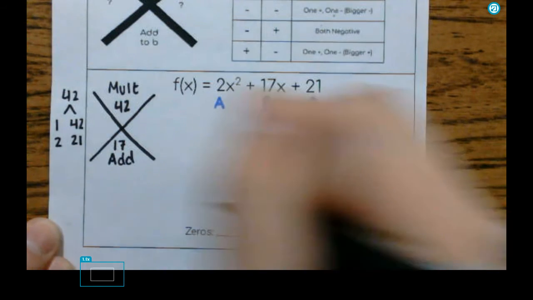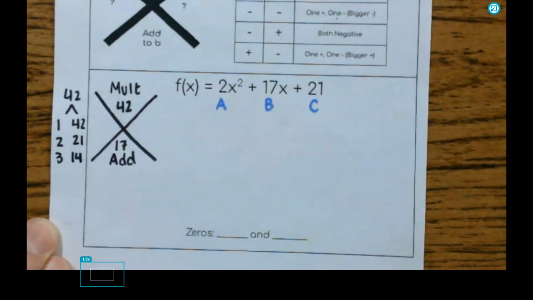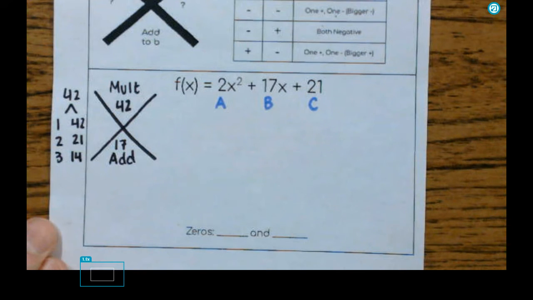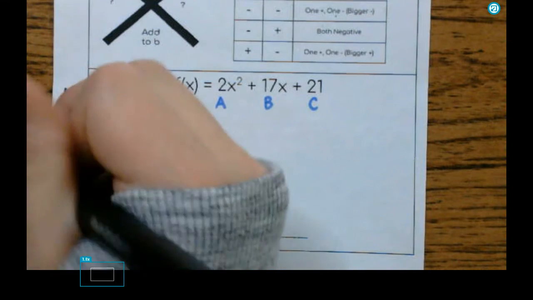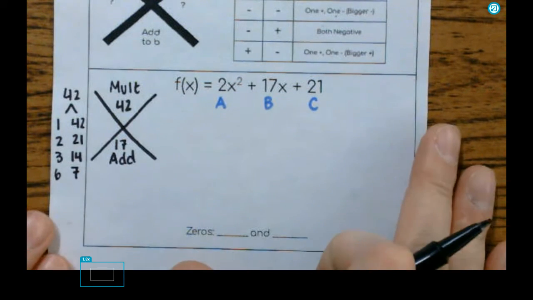3 and 14. And if I didn't know these factors off the top of my head, I can grab a calculator and say 42 divided by 3. And then I would grab a calculator and say 42 divided by 4. That one doesn't work. 42 divided by 5. That one doesn't work. And then my last set is 6 and 7. So those are all of my factors.